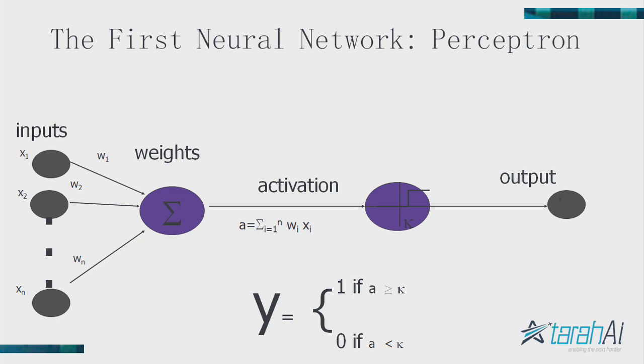Then you see what the values come, and depending upon your threshold, you either output 1 or you output 0. Very simple structure, but very powerful. It can capture many common functions.